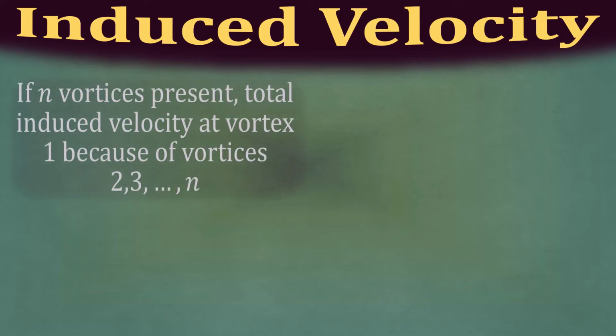Next, let's discuss induced velocity. If n vortices are present, the total induced velocity at vortex 1 is because of vortices 2 through to n.